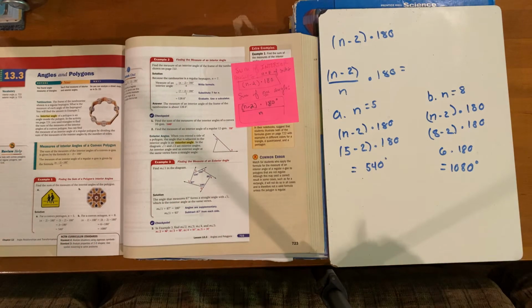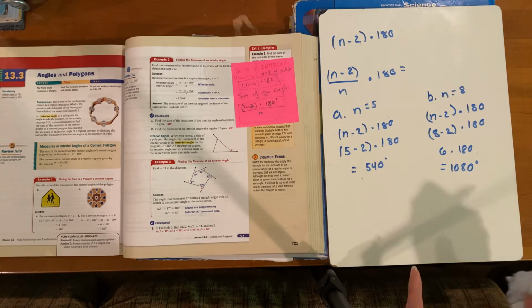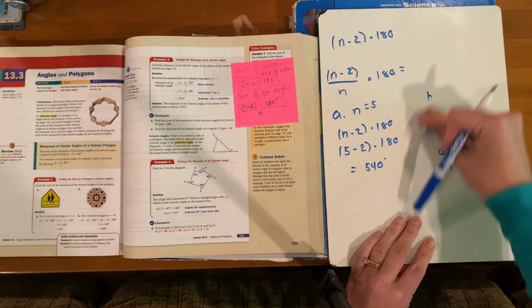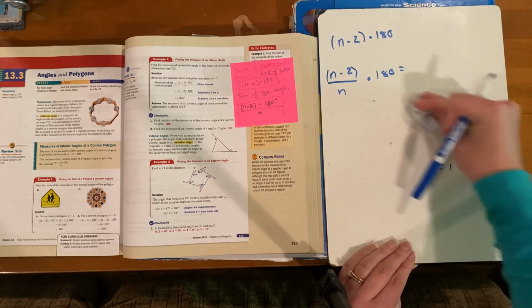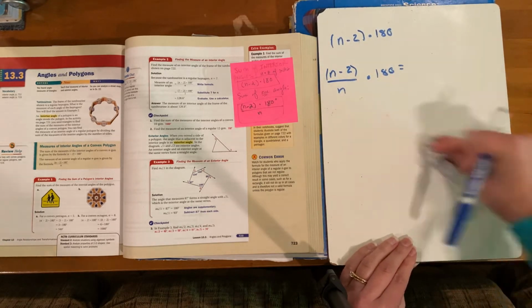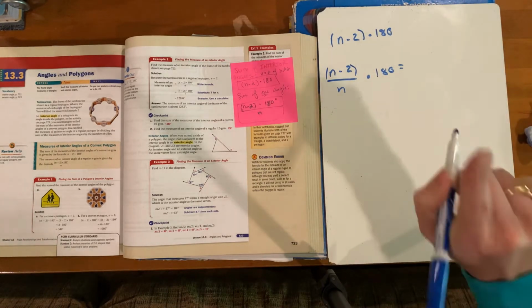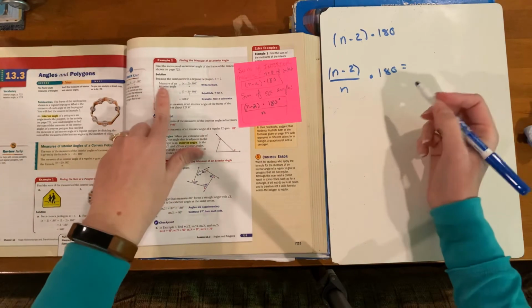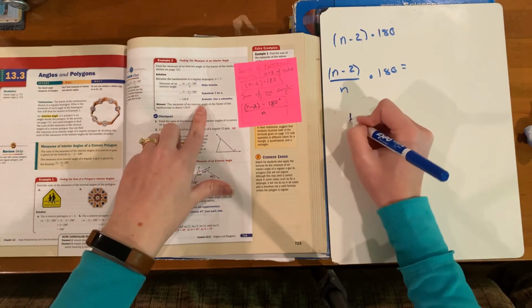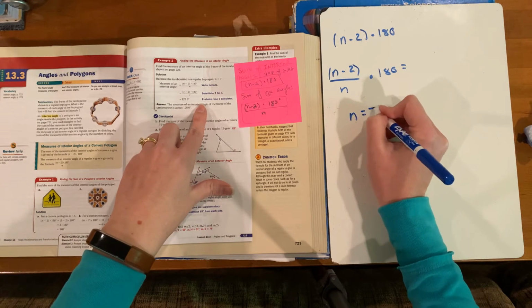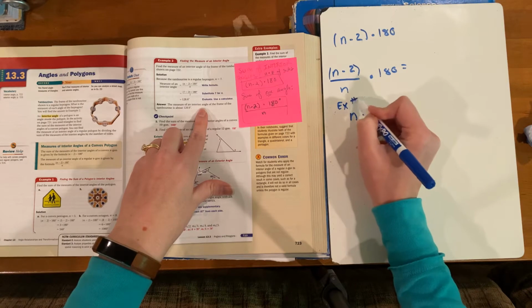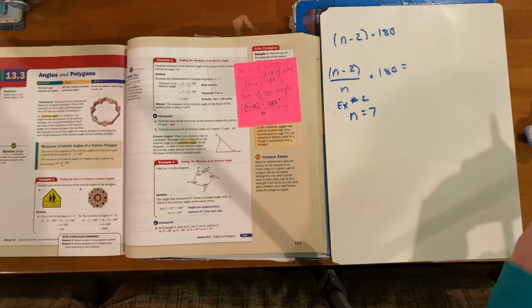Moving on to example 2. Find the measure of an interior angle inside the frame of the tambourine on the previous page. So now they don't want to know the total amount or the sum of all the angles combined. They just want to know the measure of one of the angles in our tambourine. Well, if we go back to the previous page, we realized again it was a heptagon, which meant that it was a 7-sided figure.